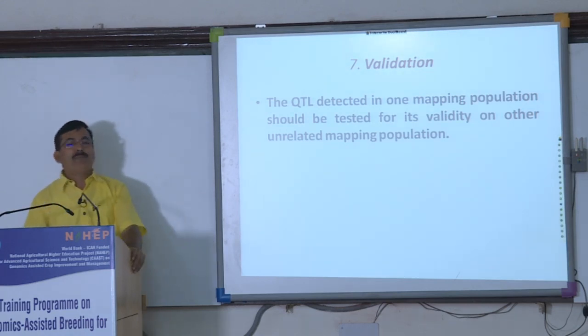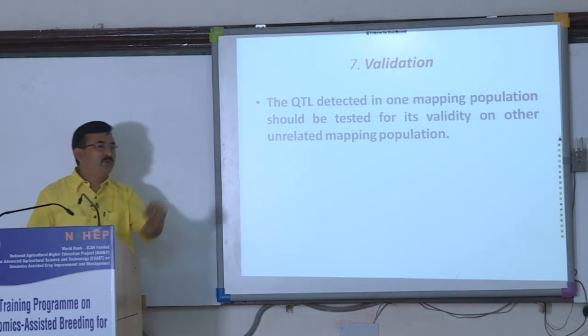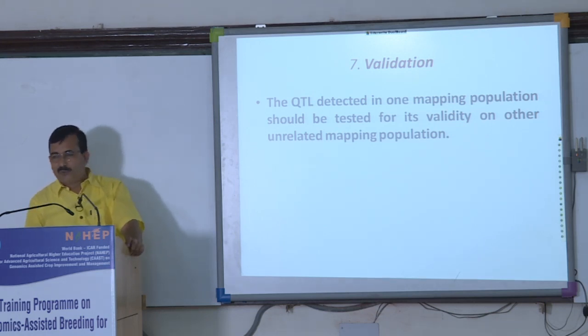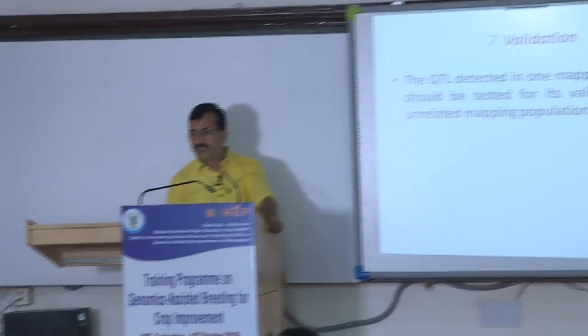So once you map those QTLs, that yes, these are the QTLs I have got. But as QTL mapping is highly influenced by the environment and everything, you need to test your data again. That is called validation. That means what you have got in your experiment, you should test that yes, I have seen that there is a QTL in chromosome number 1 in my population only, because I have used a particular mapping population.